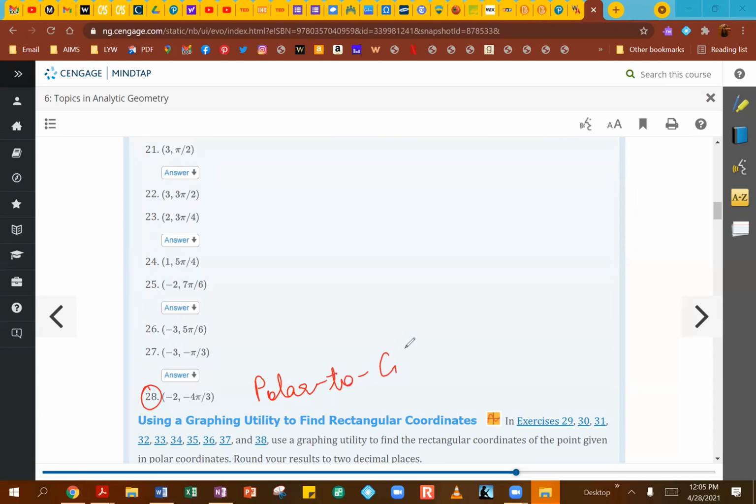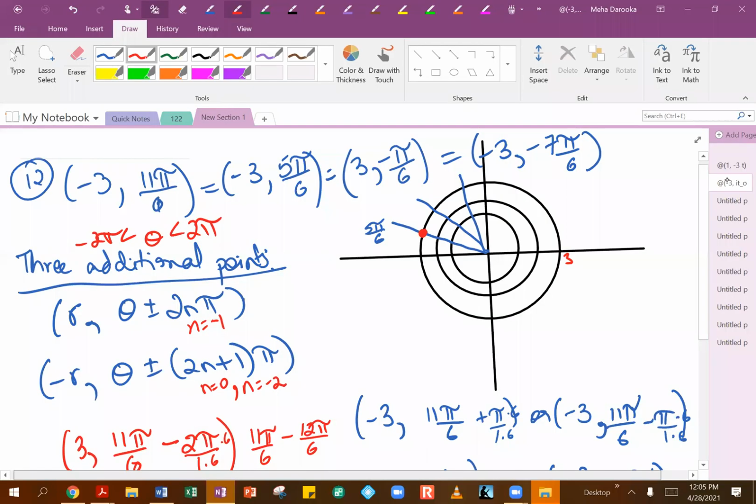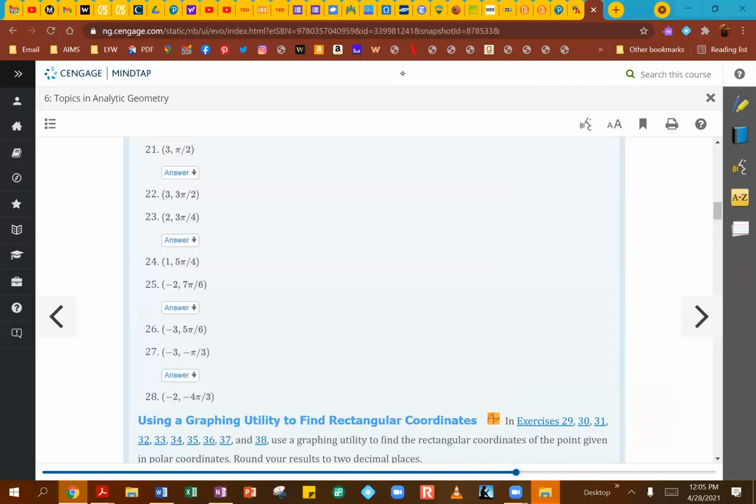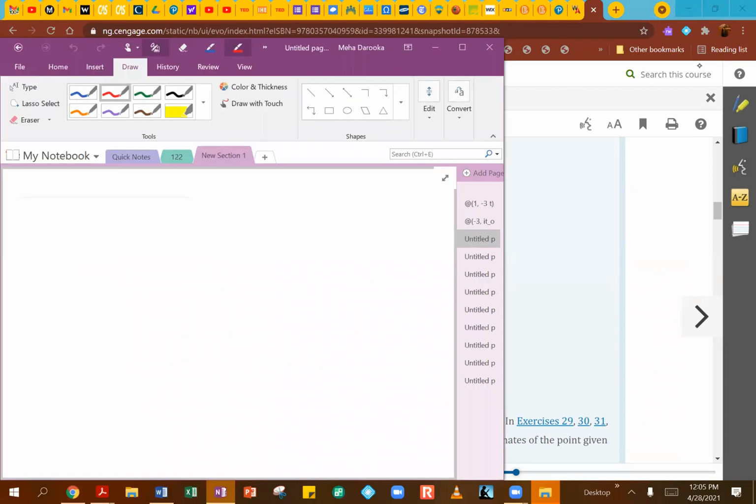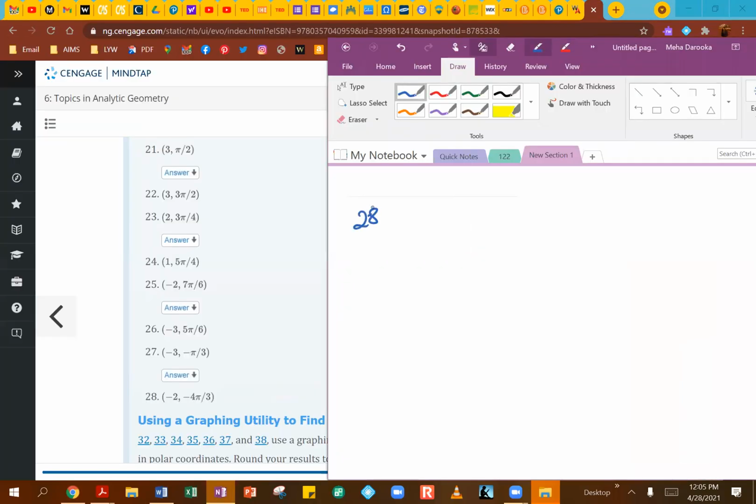So we know we are looking at polar coordinates here, so we are going from polar to rectangular. Let's go ahead and write our points down. Let's see, -2, -4 pi over 3.